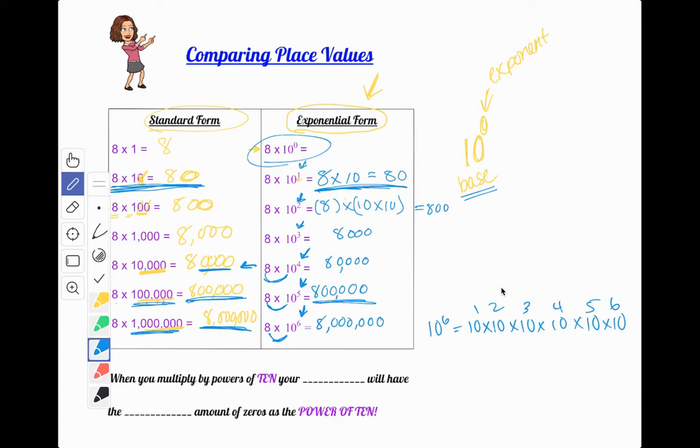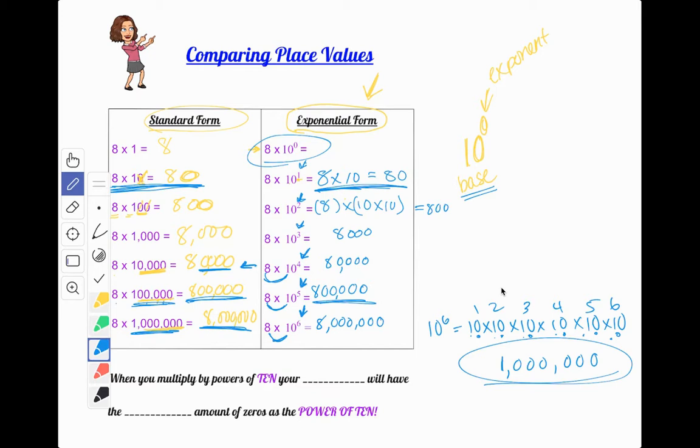And then we do our zero rule. So I have 1, 2, 3, 4, 5, 6 zeros. And then I have 1 times 1 times 1 times 1 times 1 times 1, which is 1. So 10 to the 6 is 1 million.